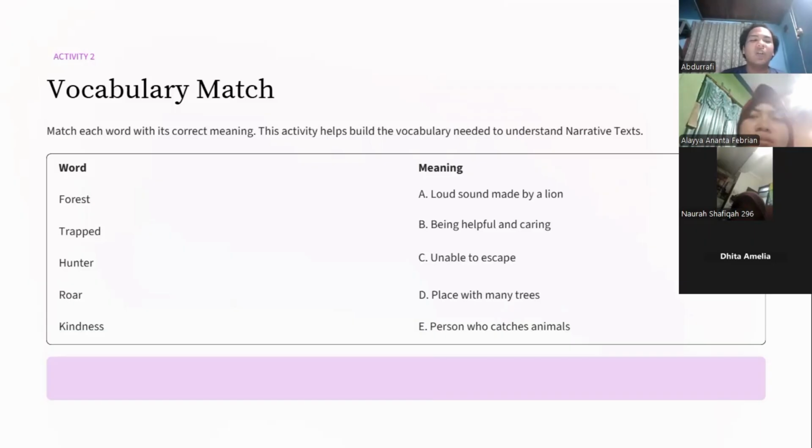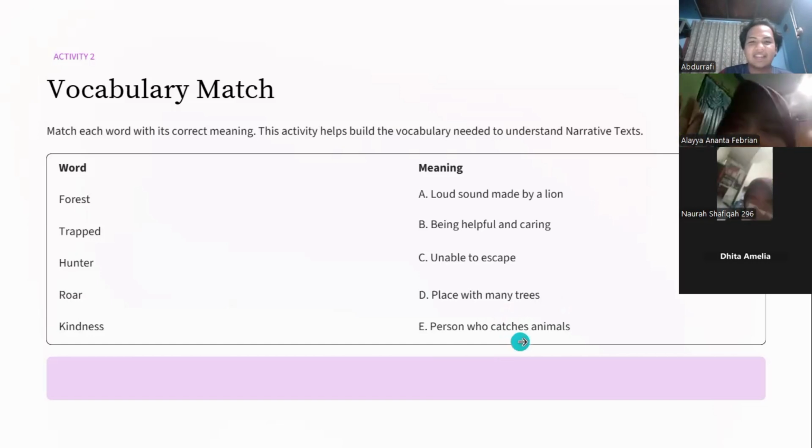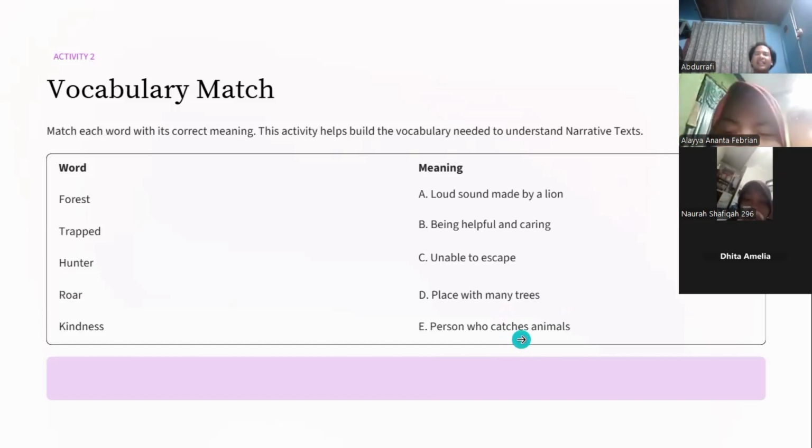And the last word, kindness. What might the meaning be? You want to answer, Mister? Yes, Alaya, please. It's B, being helpful and caring. Nice, correct, excellent. Thank you guys for your participation.